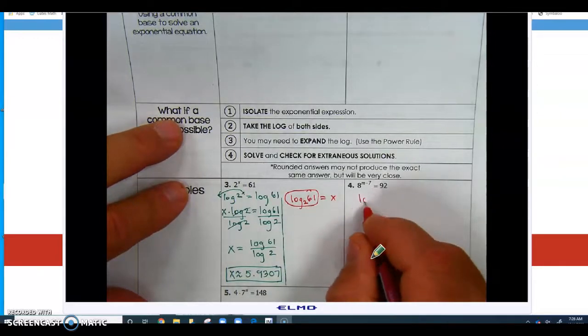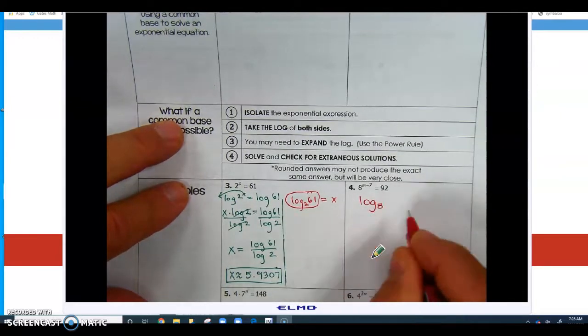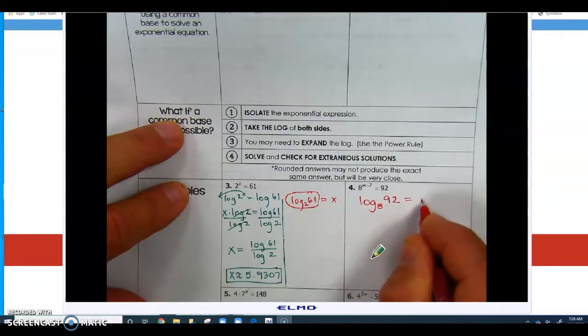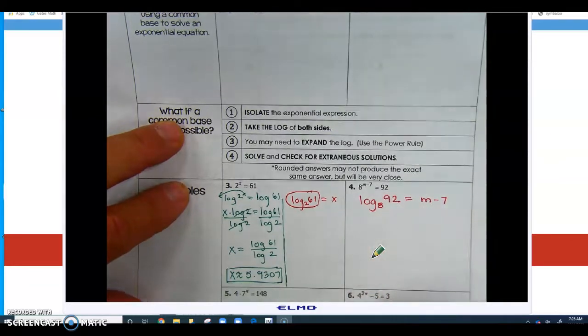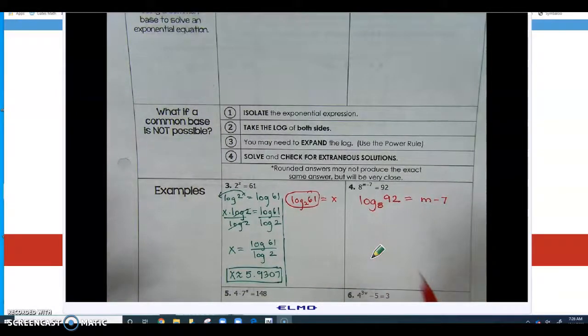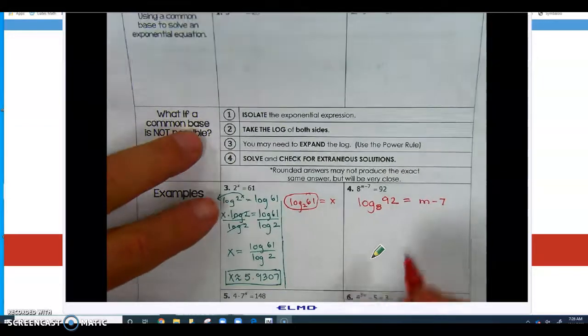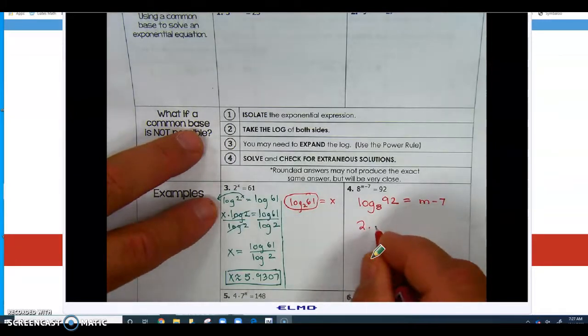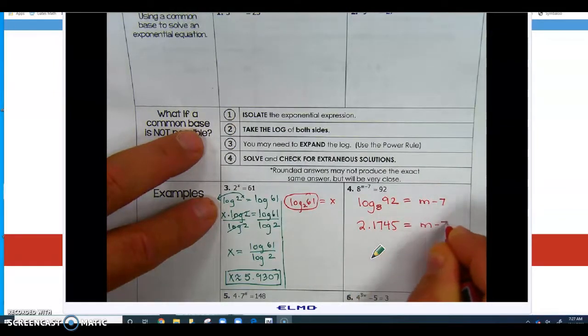Again, I'm going to continue to do it the way in red here. So I'm going to do log base 8 of 92 equals m minus 7. Now, all I need to do is calculate this in my calculator, log base 8 of 92, which is approximately 2.1745 equals m minus 7.